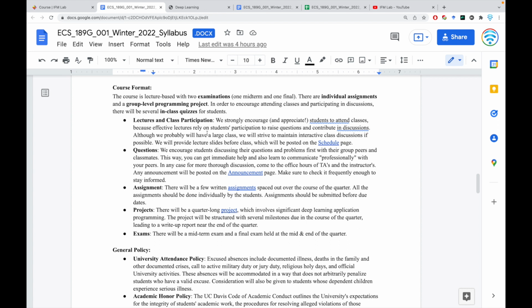For the lecture and the class participation, we strongly encourage and also appreciate, of course, the students to attend the class. I know the time is very early, but you can always get up earlier and attend the class on time. Because an effective lecture may rely on students' participation to raise questions and to contribute in the discussions.